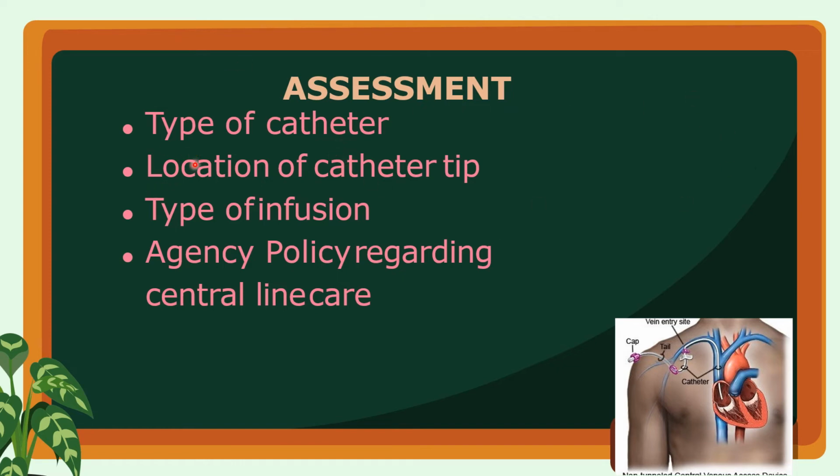You have to assess the type of catheter that is being used, and check the location of the catheter tip. And then you have to check the type of infusion, and also check the agency policy regarding central line care.